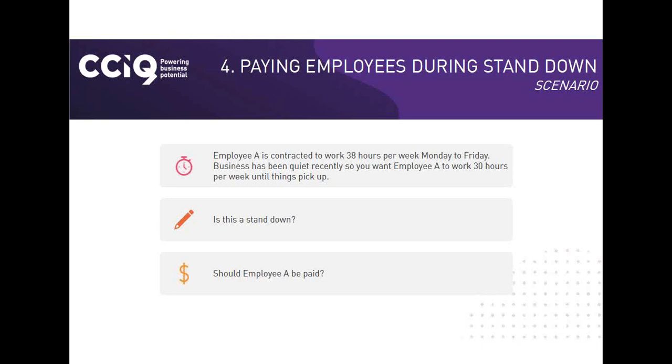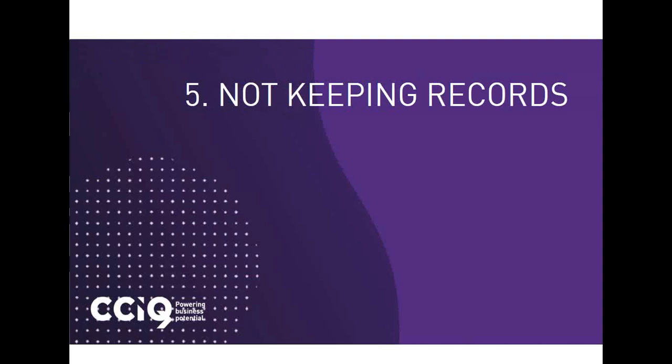That doesn't work, because you have contracted them to work 38 hours. You're telling them to take a day off. You need to pay them for the 38 hours. The only exception to that rule is where you had a mutual agreement between employer and employee to have that day off without pay, or to take some sort of leave would be what would generally happen.